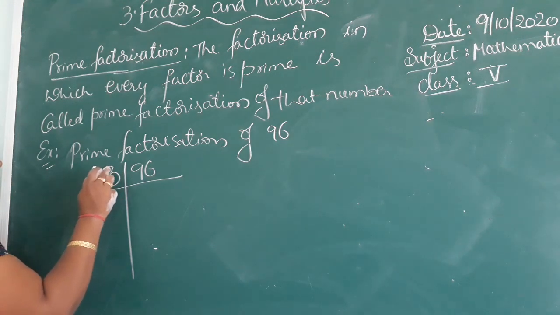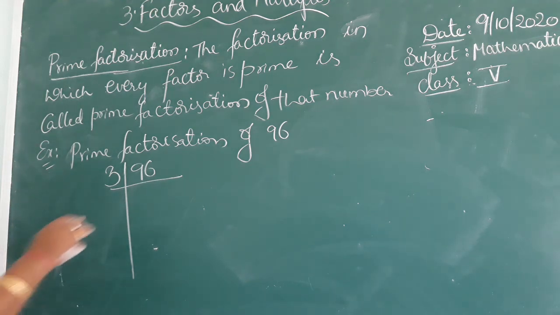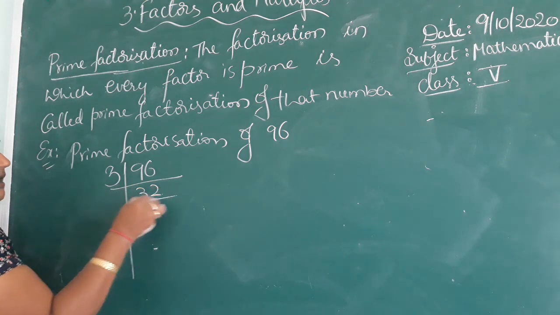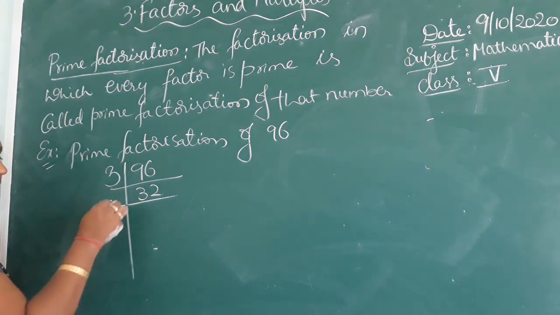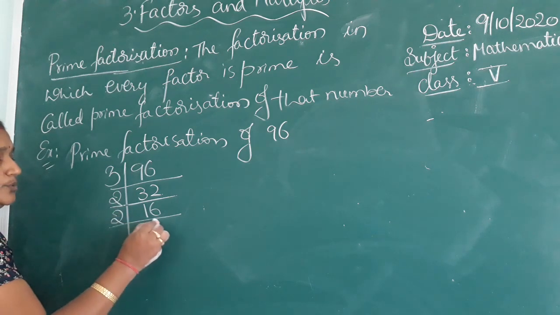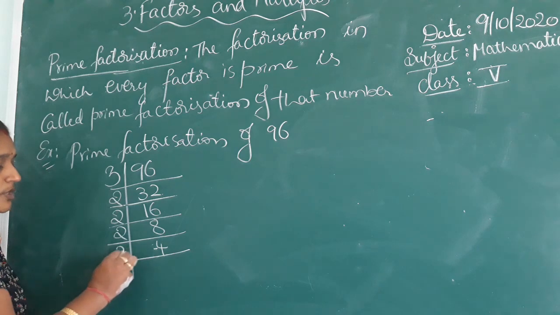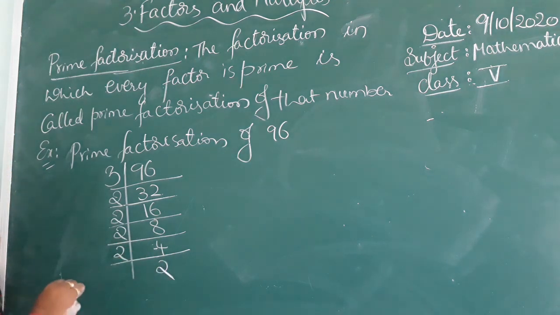You can see 9 and 6 in the 3 table: 3 threes are 9, 3 twos are 6. Then 32, in the 2 table: 2 16s are 32. Again the 16: 2 8s, 2 4s, 2 2s. We should not select the composite numbers.